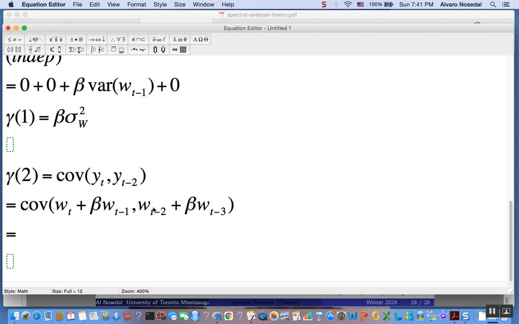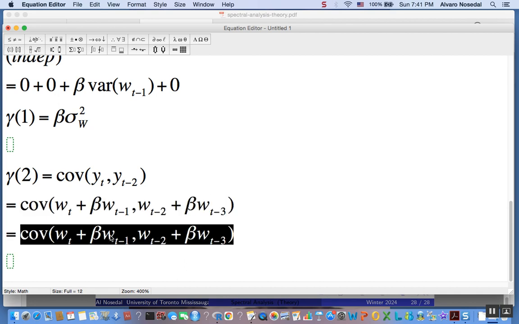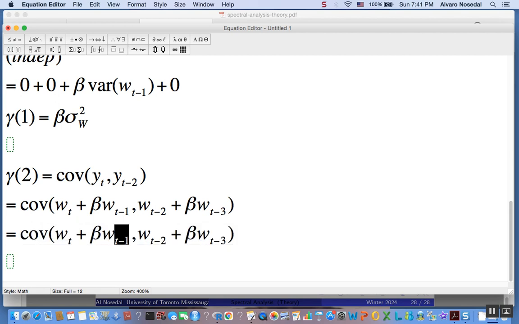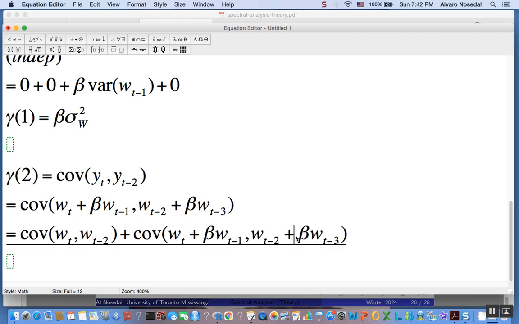So let's just do the math and then just use the properties that we know, the expected value and the variance and the independence of the WT terms, okay? So first term, here what we have is covariance between WT and WT minus 2, perfect. Then we have plus, and then we have WT and beta WT minus 3. So let's do that one.